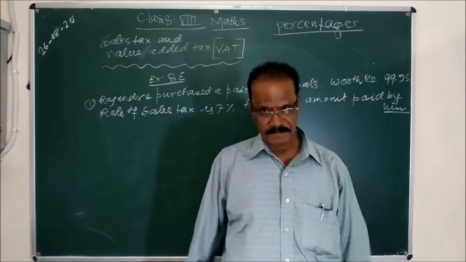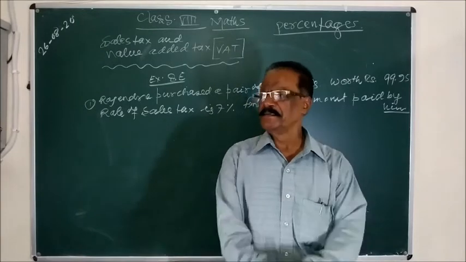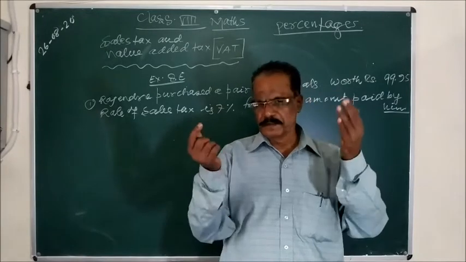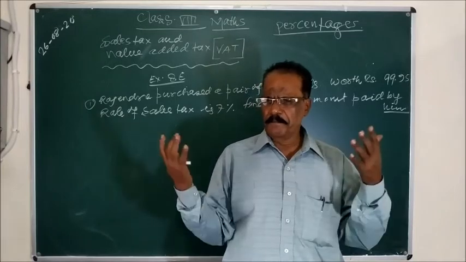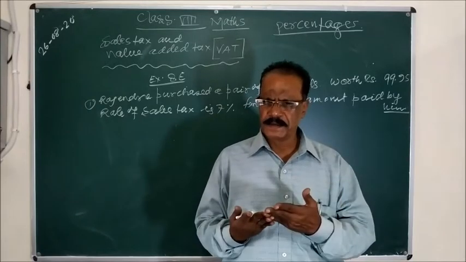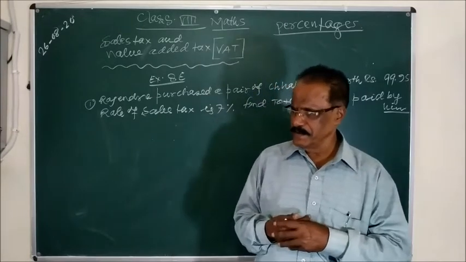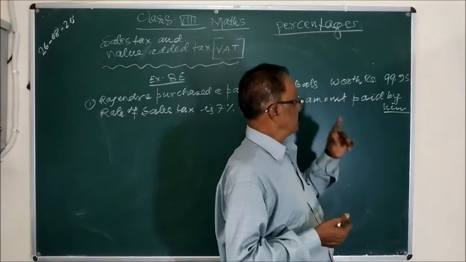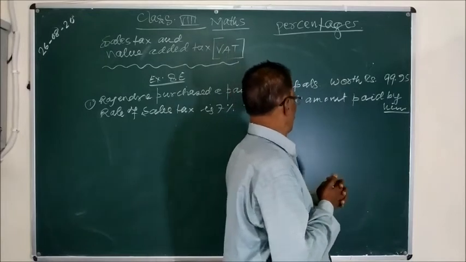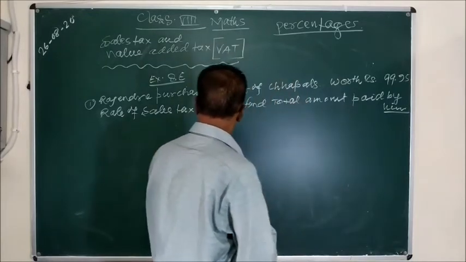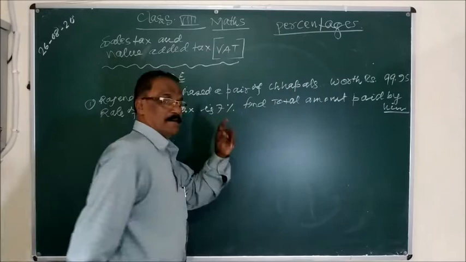This is the question. I think you understand the question: a person purchased a pair of chappals, the cost price is 99.95, and on this item sales tax is 7%.